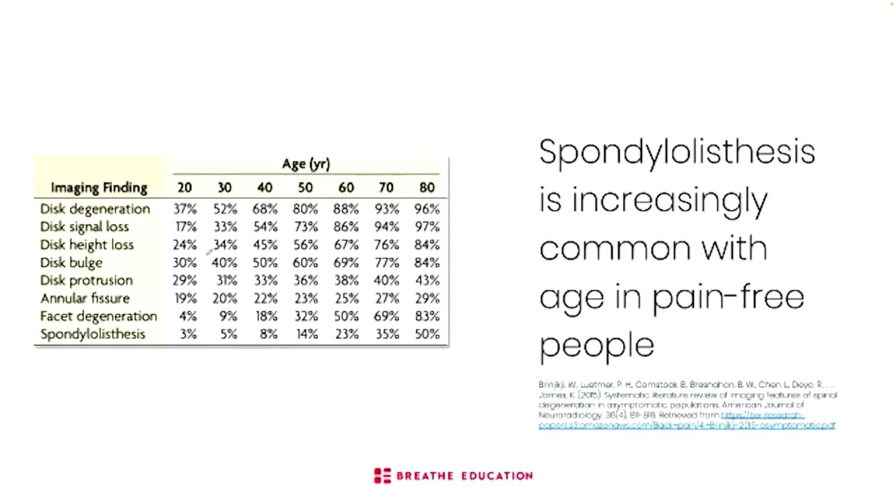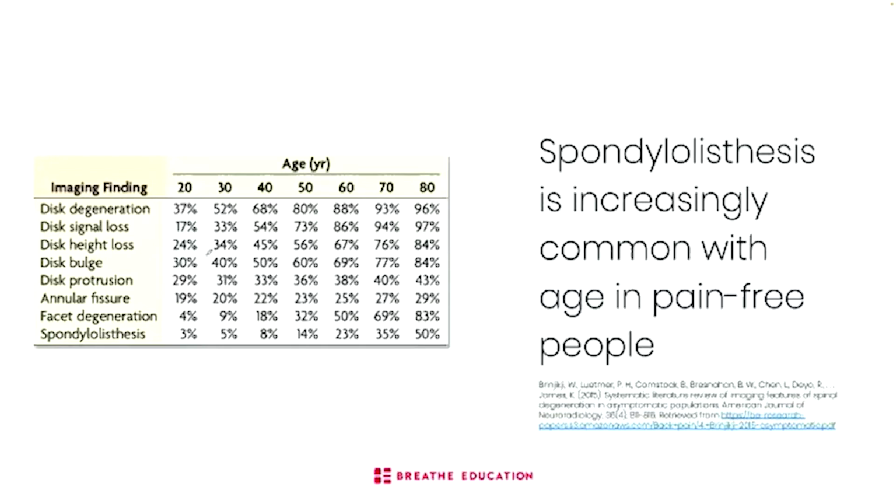Now, the surprising thing, I guess, is that spondylolisthesis is increasingly common in pain-free people as we age. This is a systematic review of imaging features of spinal degeneration in pain-free people from 2015 from Brinjikji et al.